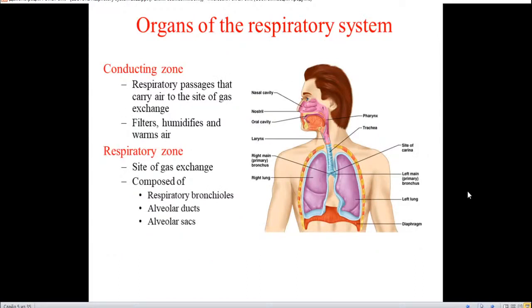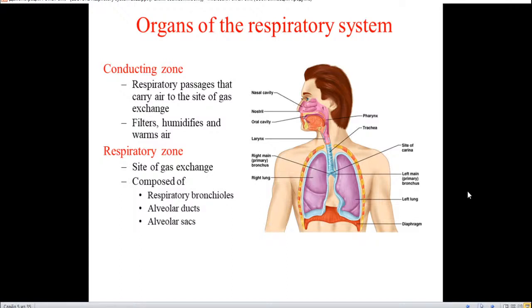So organs of the respiratory system can be classified into the conducting zone and the respiratory zone. The conducting zone includes organs which are responsible for the respiratory passage that carries air to the site of gas exchange.